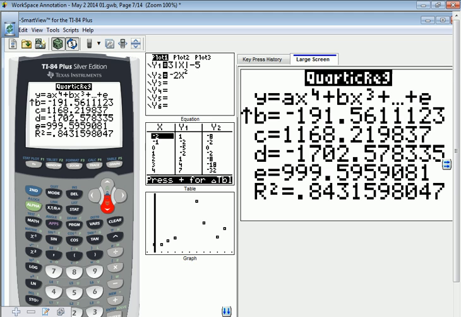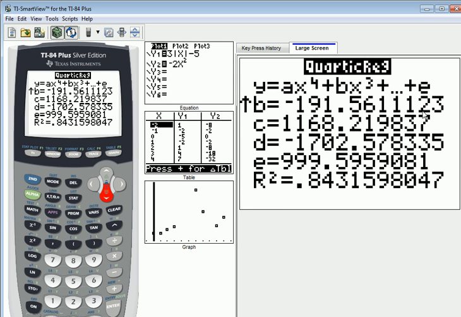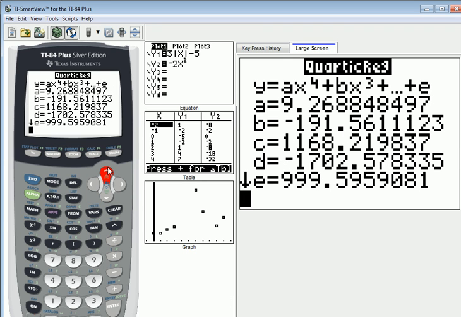So what would that look like? It would look like this. The function is equal to, let's come back up here and take a look at our A. I can arrow back up to find the A. The A is 0.926.